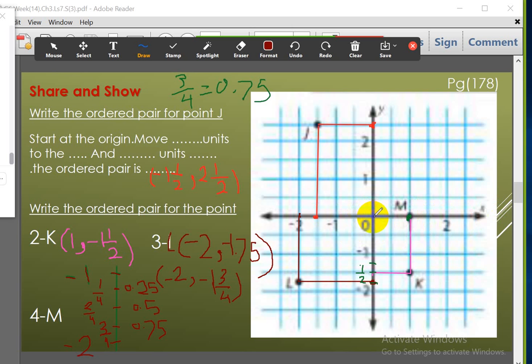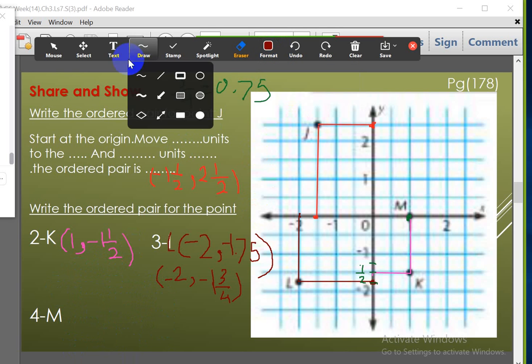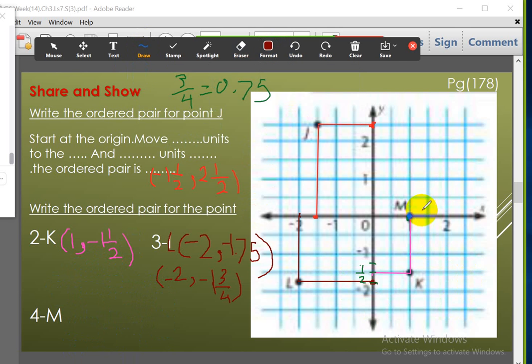It will be on the right side. Now to find the x, look on the right side. That means the x is positive. Count the number. This is 1. That means the x is 1.